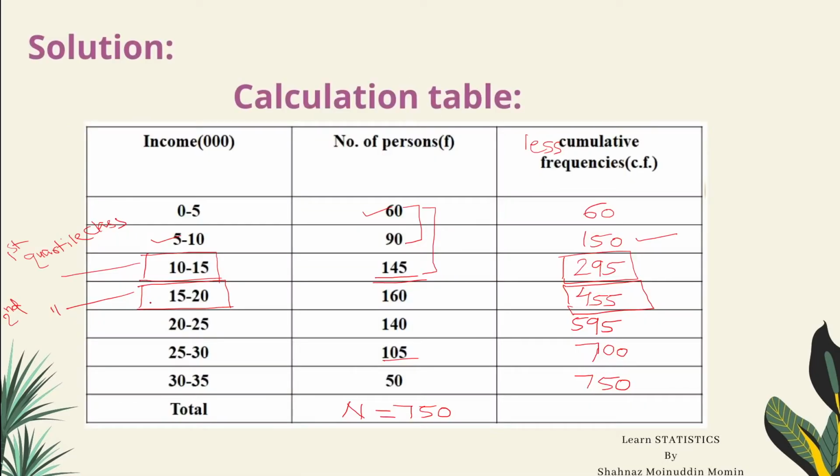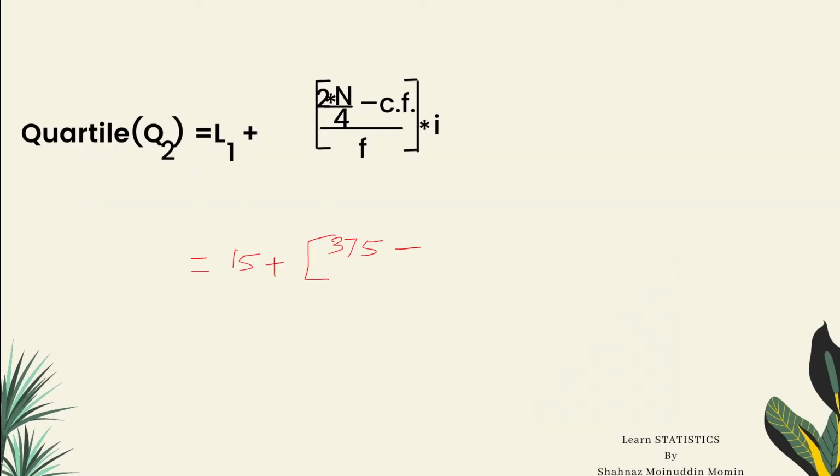This is the second quartile class, and the previous class is 10 to 15. Means we use here the cumulative frequency 295. Cf is 295 divided by the frequency of the second quartile class, which is 160, and the class interval is also here 5. 20 minus 15 is 5.